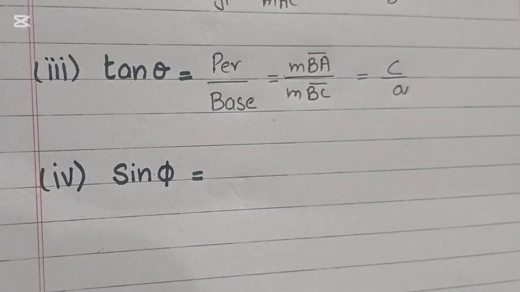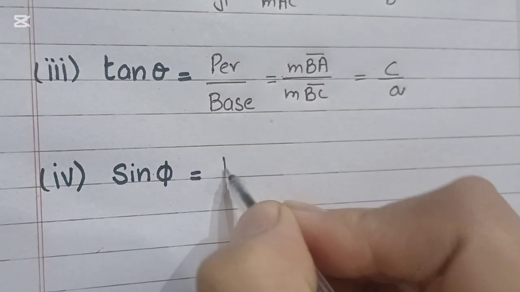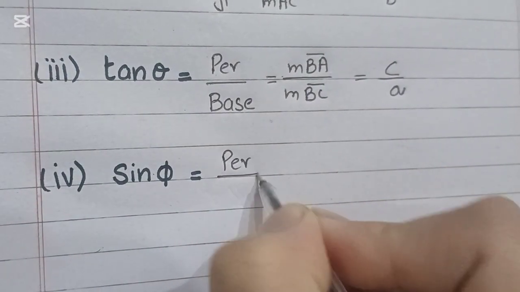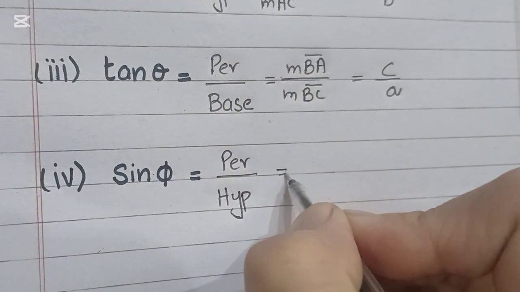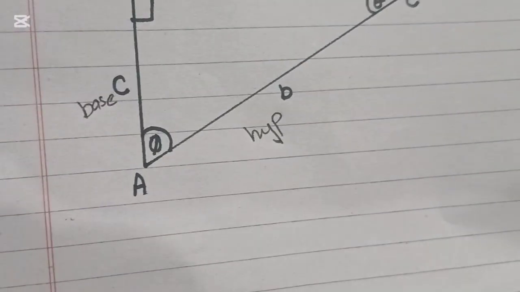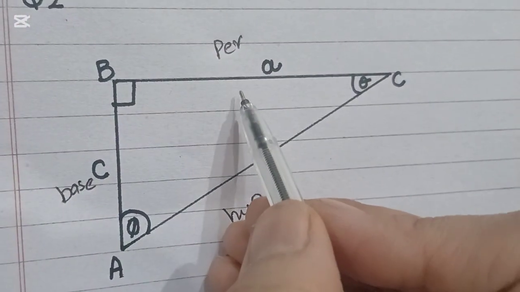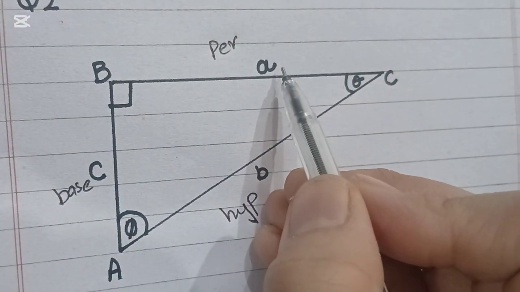Sine formula is SPH. S for the sine, P for the perpendicular, and H for the hypotenuse. Now substitute the values of perpendicular and hypotenuse from the right angle triangle. The perpendicular side is measurement BC, which is equal to a.